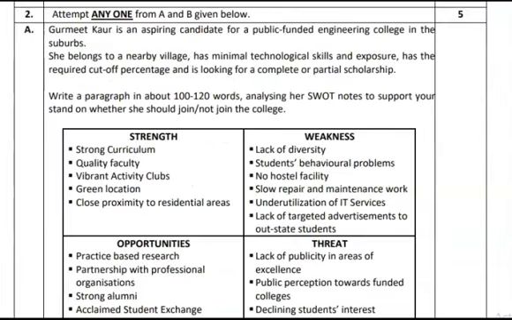Now look at the second question of the creative writing skills, and again it will have two choices, 2A and 2B. You can choose to answer either of the two questions. It depends on your choice, but my advice to you will be to do SWOT analysis, because it will be easier to write and you can easily score good marks.